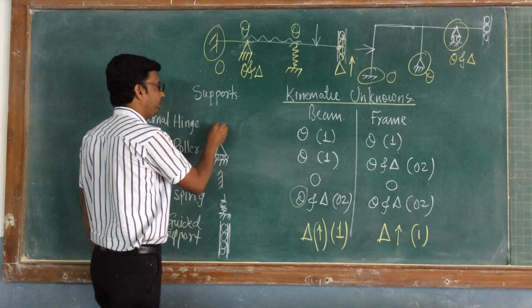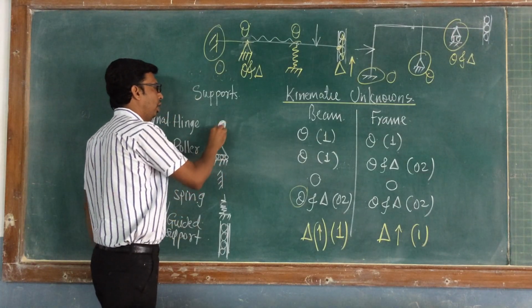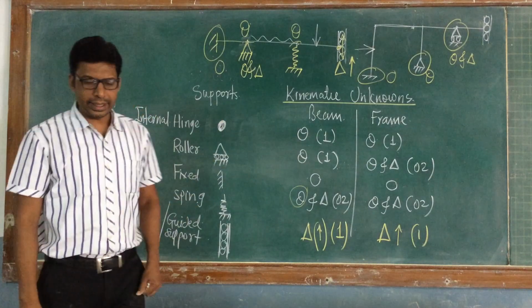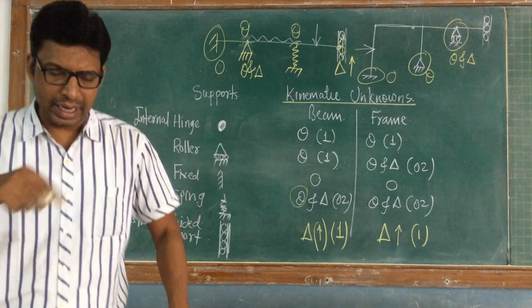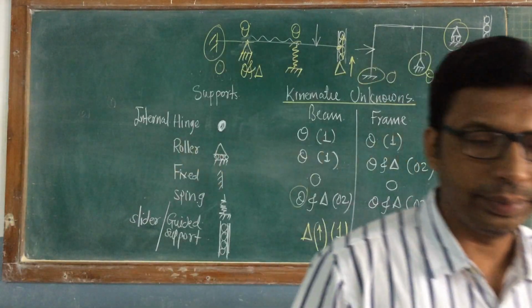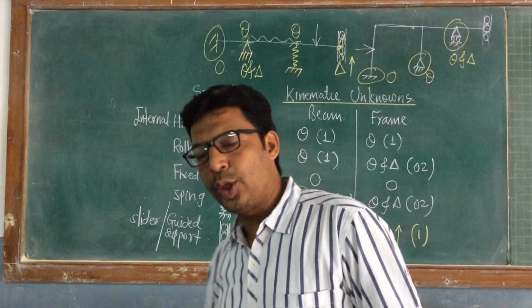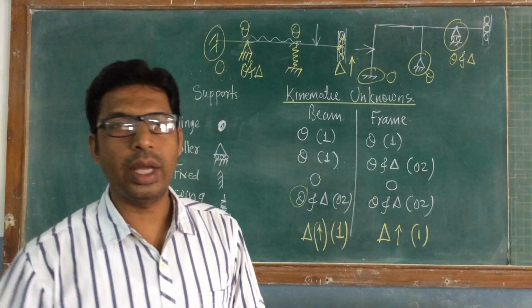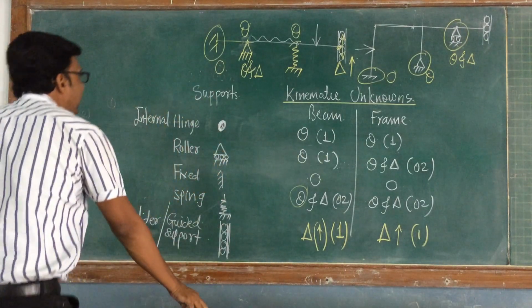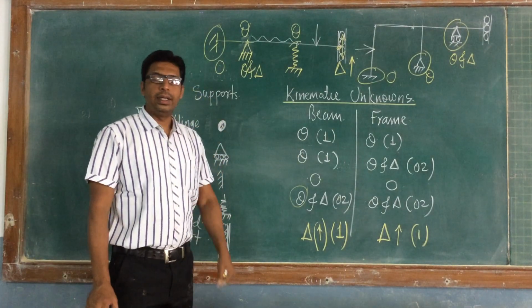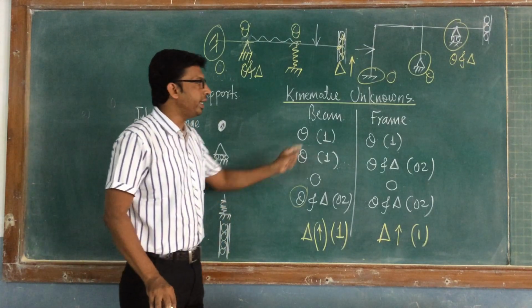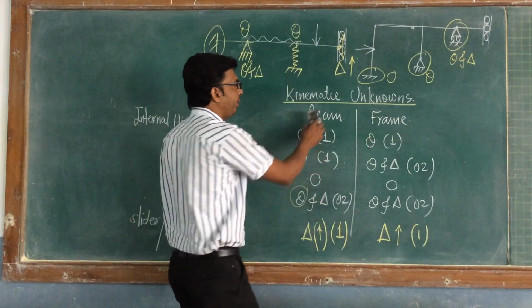We know that an internal hinge is always shown with a dark circle. So if an internal hinge is provided, there are three kinematic unknowns at the internal hinge. It may be a beam or it may be a frame.